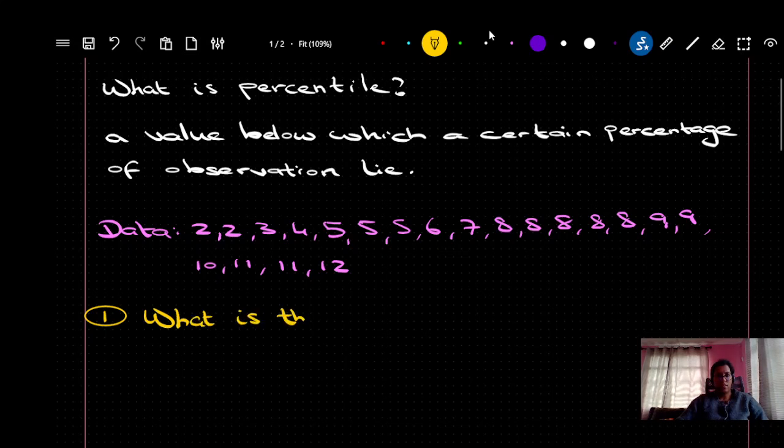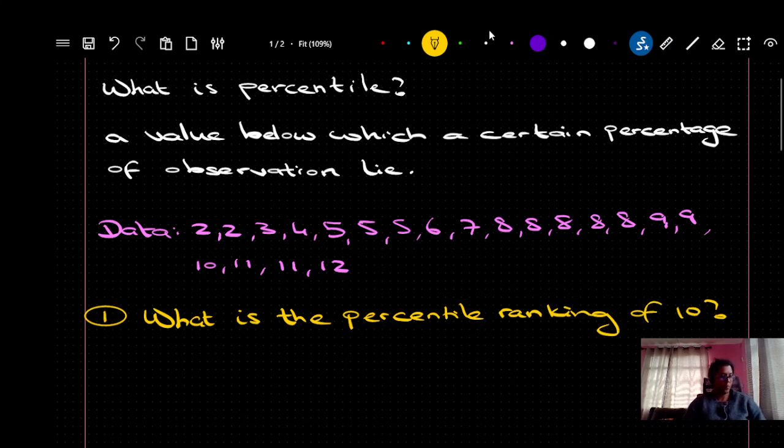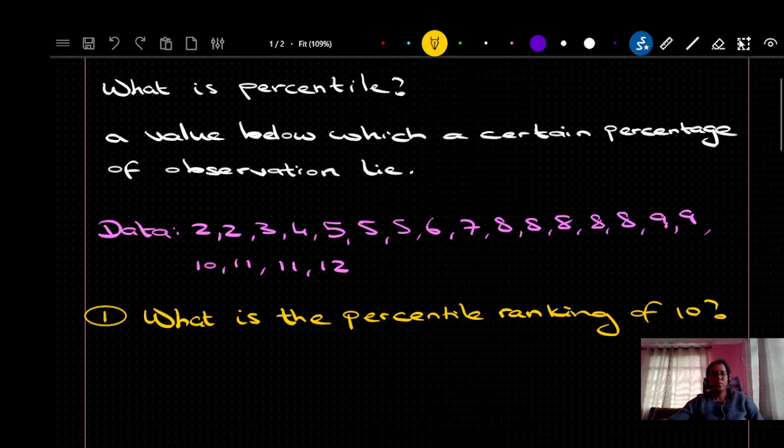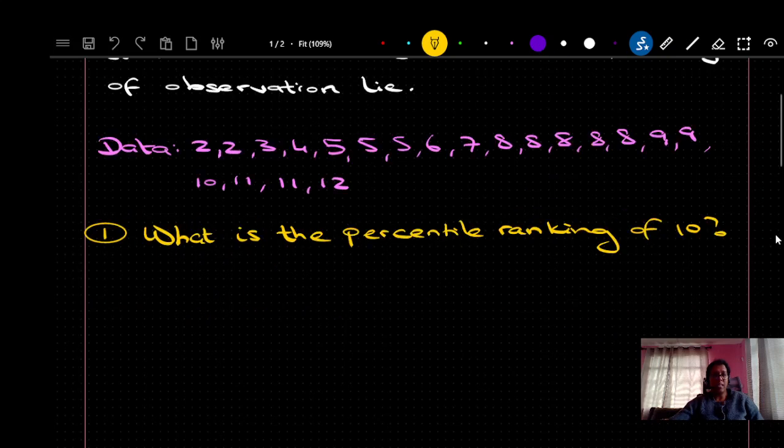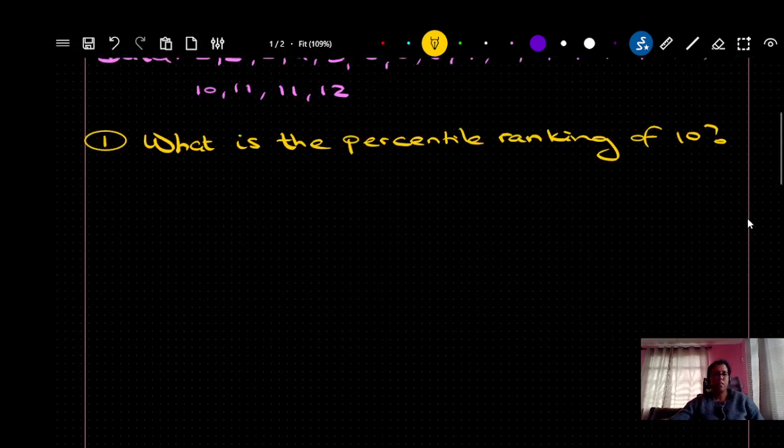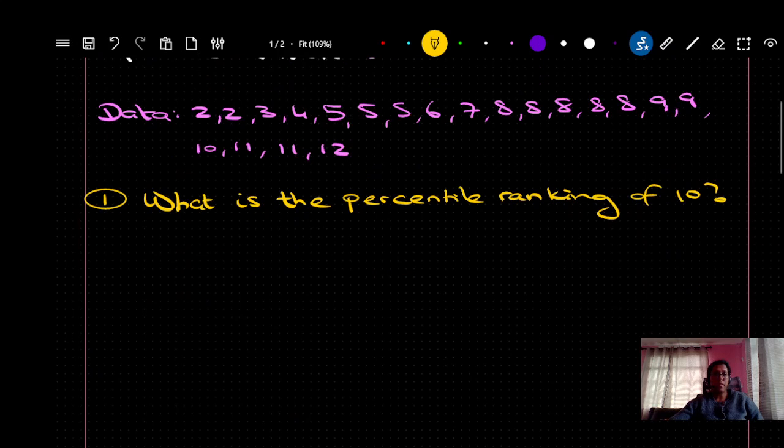For this we actually have a formula. Like in statistics, we always have a formula, and we have to use it to answer this question.